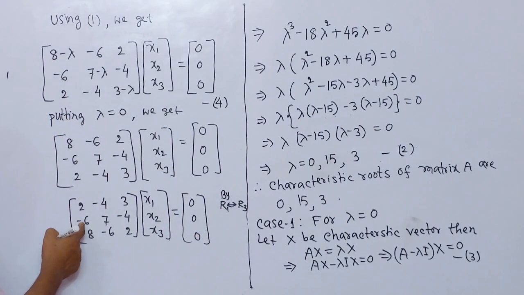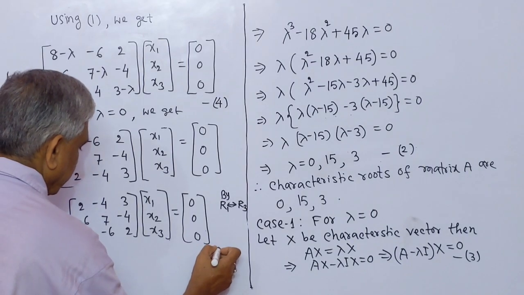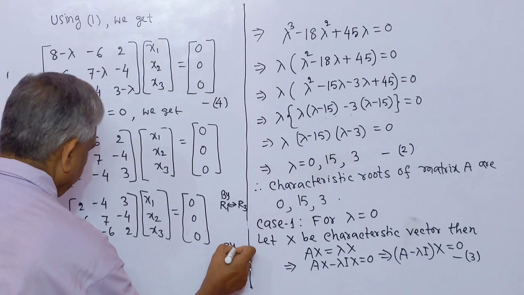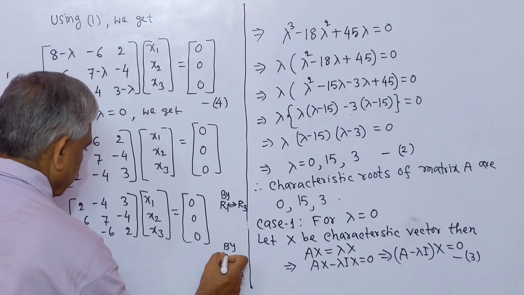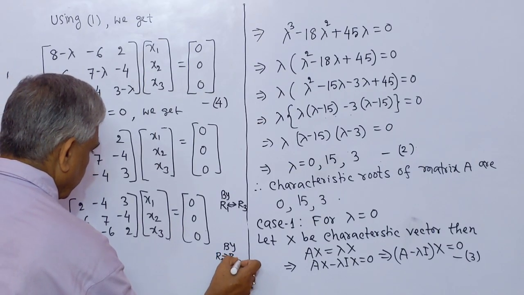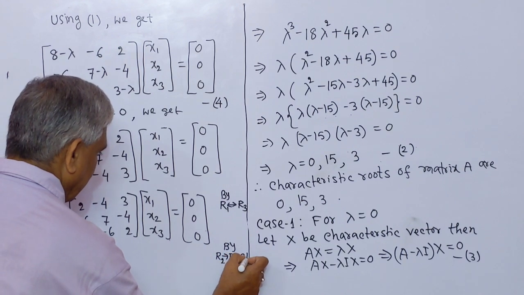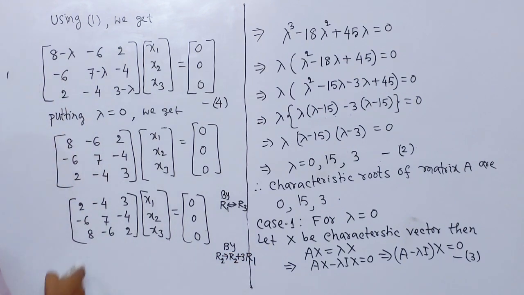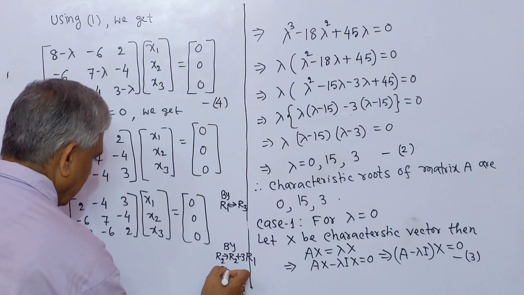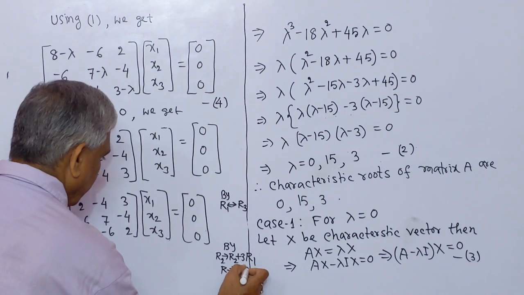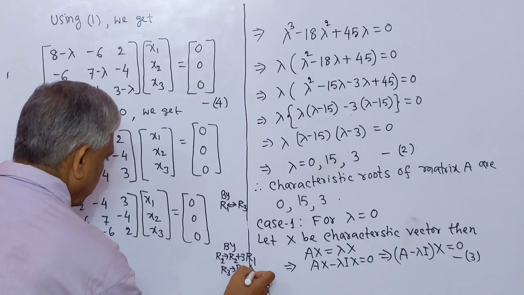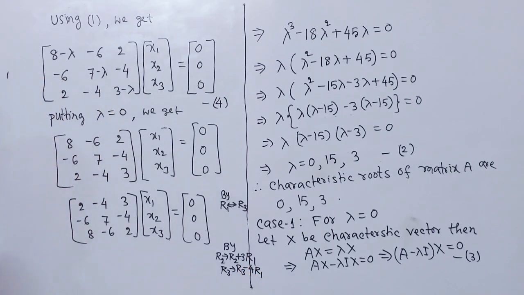Here we have to make 0, here we have to make 0. So in place of R2, R2 plus 3R1, and in place of R3, R3 minus 4R1.